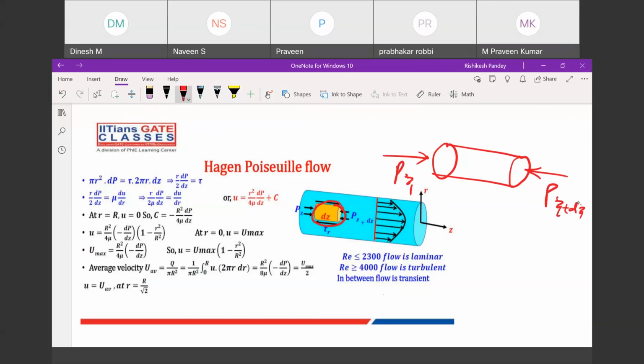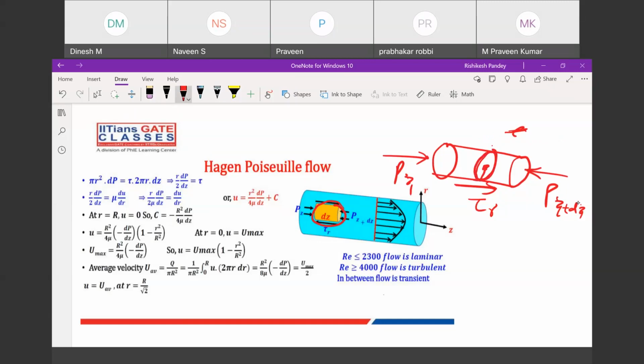At the surface we'll have shear stress. Here it will not be like tau r here and tau r plus dr there. Shear stress will not vary like this here and here, because this is the same outer surface. It will vary in the radial direction actually.